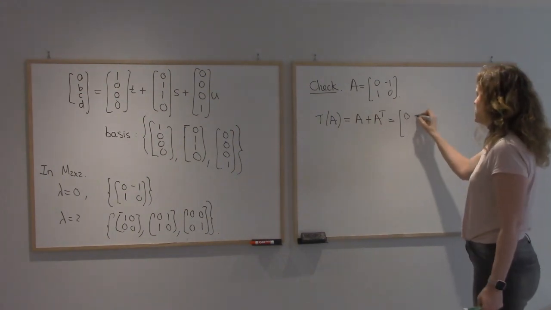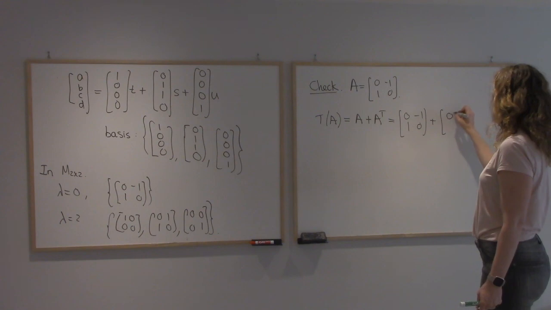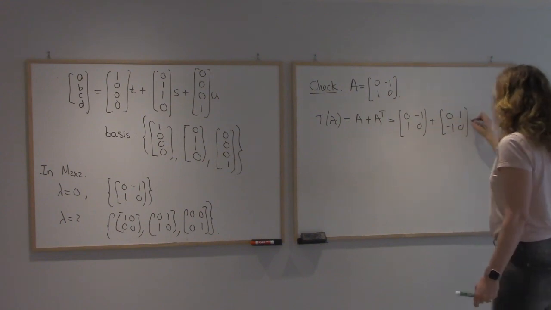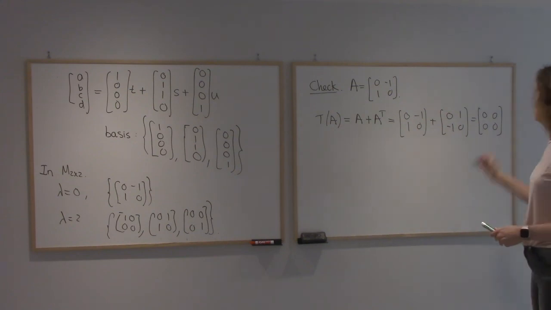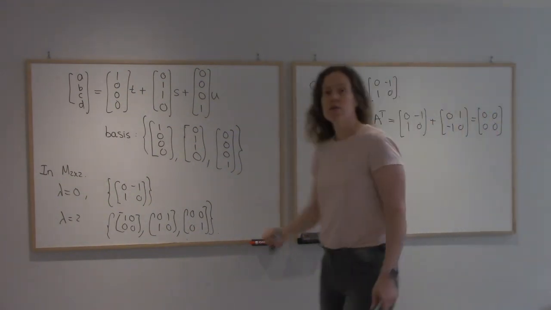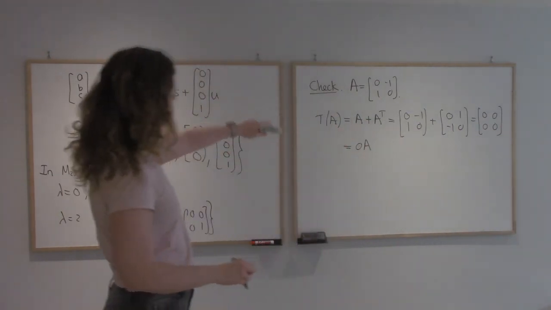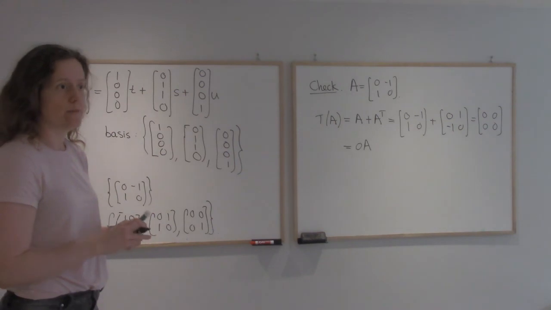So I'm going to get 0, minus 1, 1, 0, plus the transpose. And so that's going to give me 0, 0, 0, 0, which is indeed 0 times A. So this matrix is an eigenvector for the linear transformation with eigenvalue lambda equals 0.